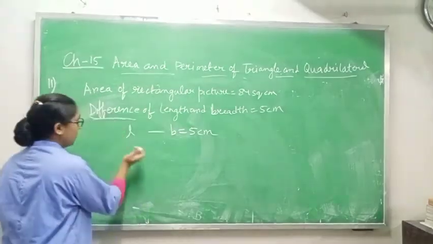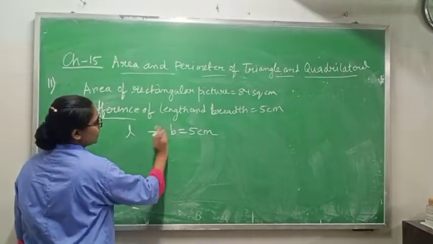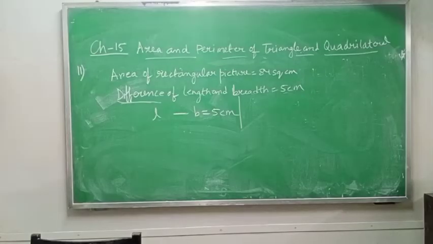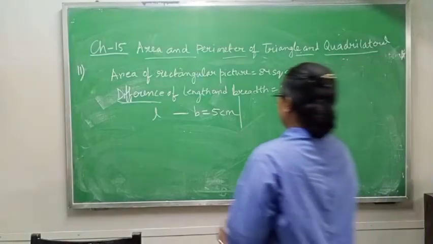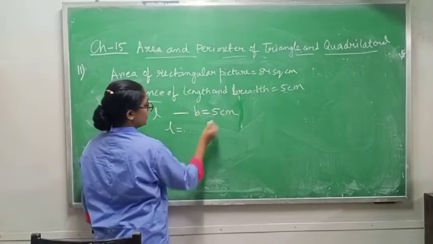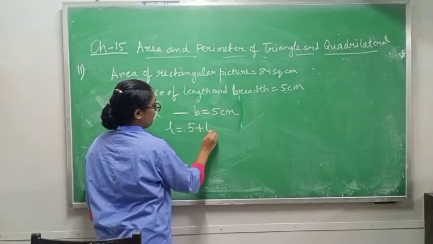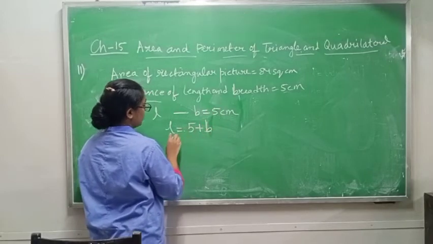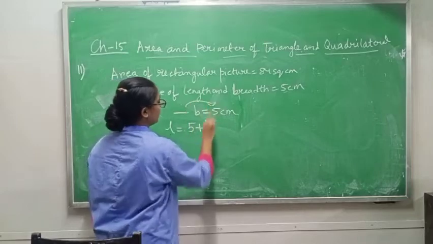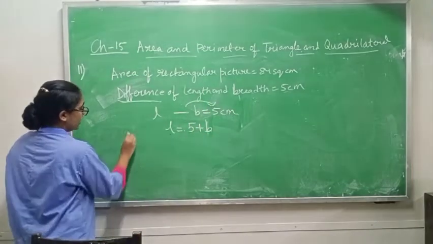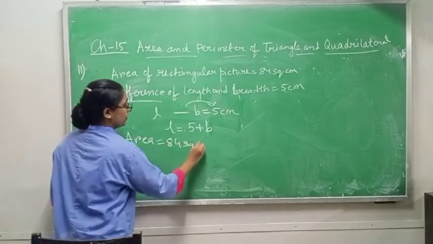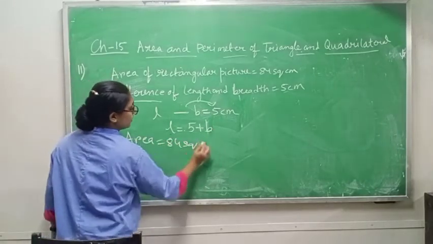Now from here what I will do, I will take minus B to that side, so it will become plus B. So L value I am getting is 5 plus B. Now area is already given, how much? 84 square centimeter.